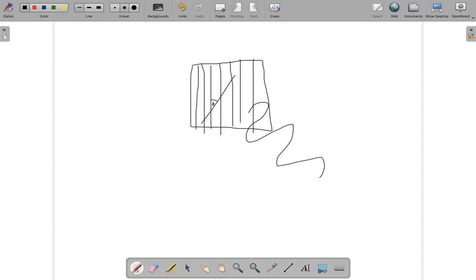This angle would be theta, and if its intensity is I0, then the intensity of the wave that passes out, which will be parallel to these grid lines over here, that intensity I will equal I0 squared cos squared theta. That is Malus's law, and it is given in your data booklet.